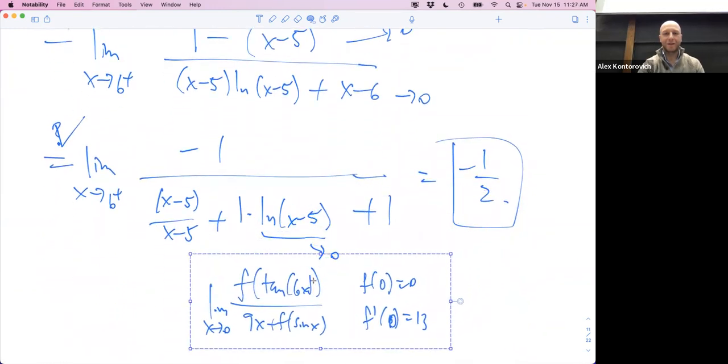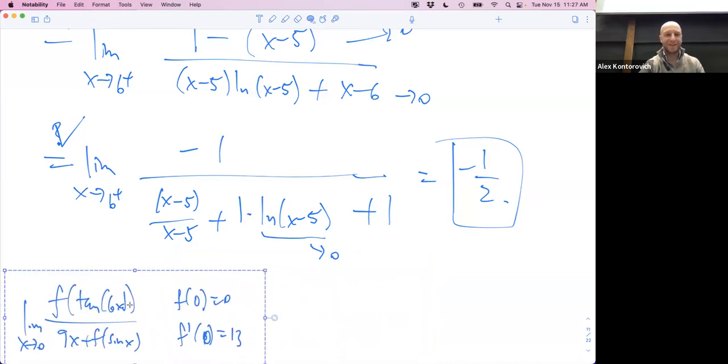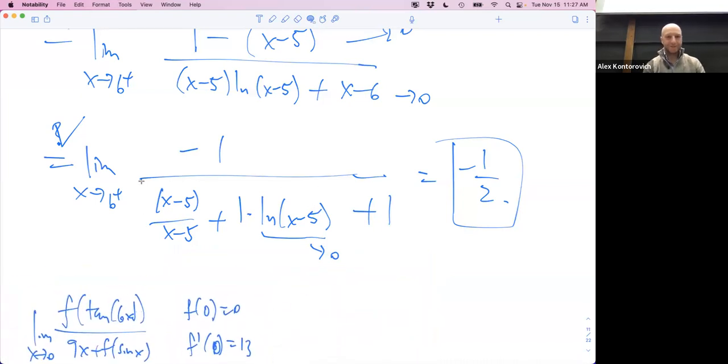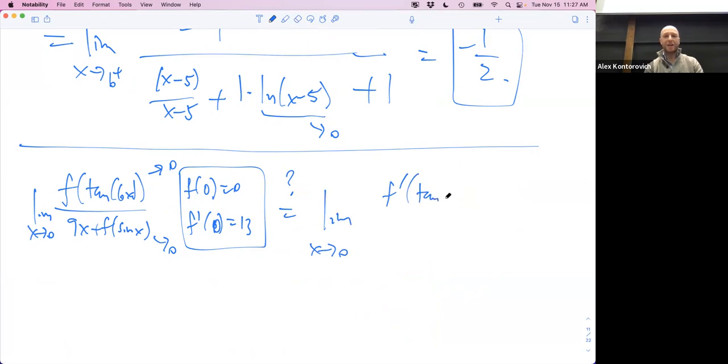Okay, number C, letter C. So these are our two pieces of information. The numerator is going to 0, the denominator is going to 0. It's indeterminate. We're going to apply L'Hopital, so let's try differentiating the top and bottom. If I differentiate the top, f prime at tan of 6x, the derivative of tan is secant squared.